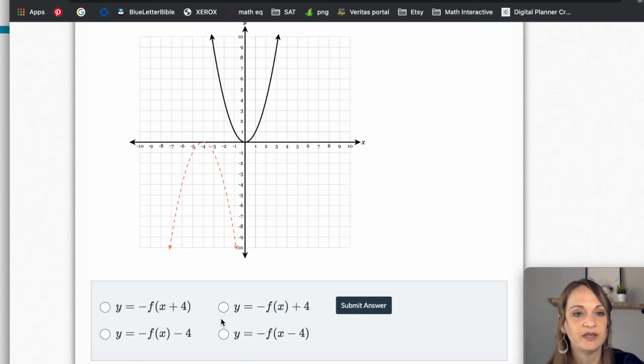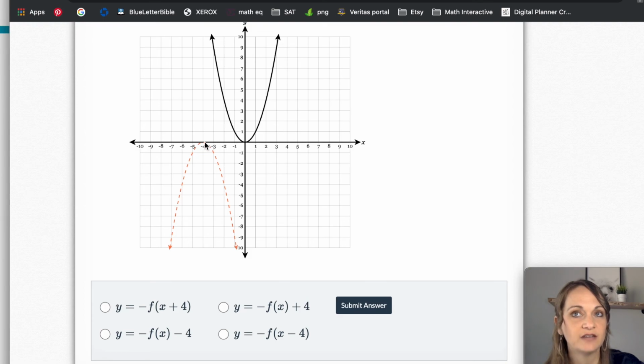Now in this type, it wants to know which of these functions represents the new transformation. So in this case, we know it's an x squared, but at that moment, it doesn't matter because it can be any function. So we notice that it reflected across the x-axis, so we know it's going to be a negative in the front, which they all have. And it also went left 4, so it's the opposite of a negative.